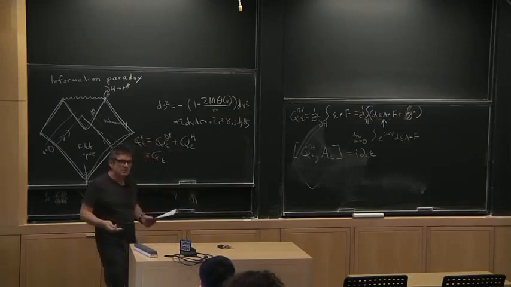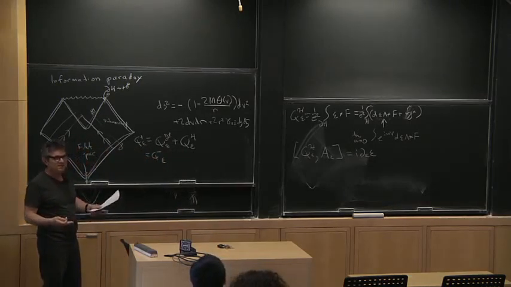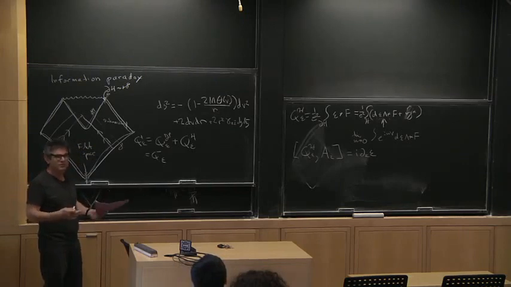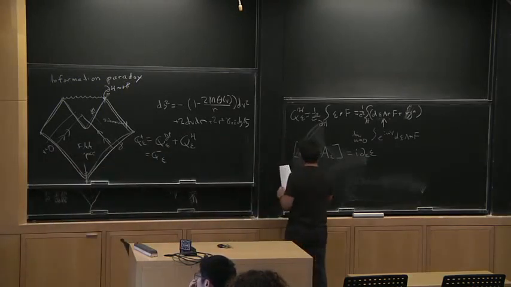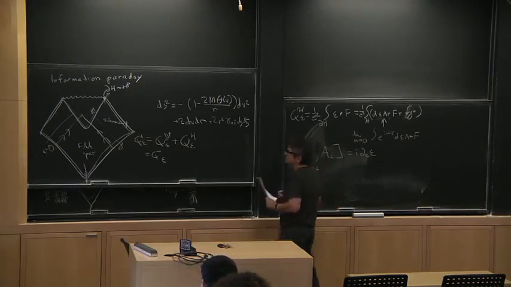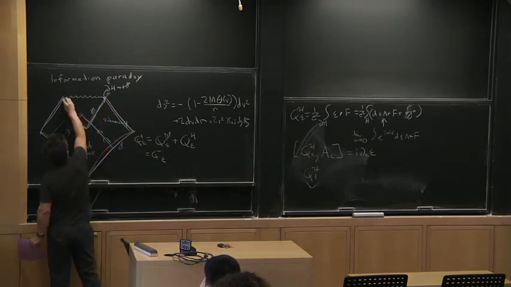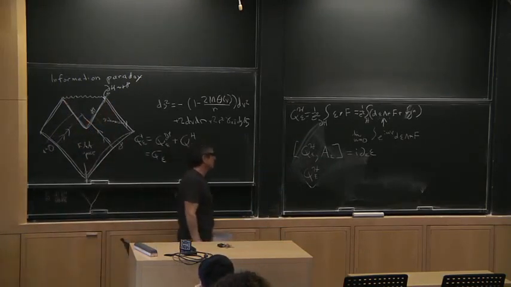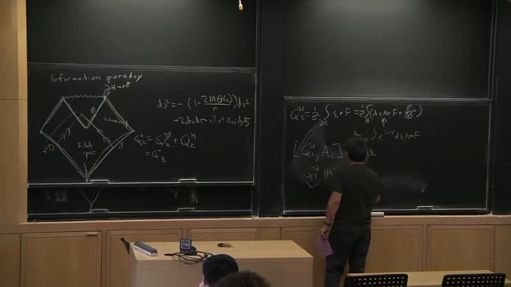So a black hole with a soft photon is different than a black hole without a soft photon. It's a different quantum state. Let's call the portion of the quantum state on this null surface here, the black hole state M. Q_H epsilon on M is equal to 1 over e squared.